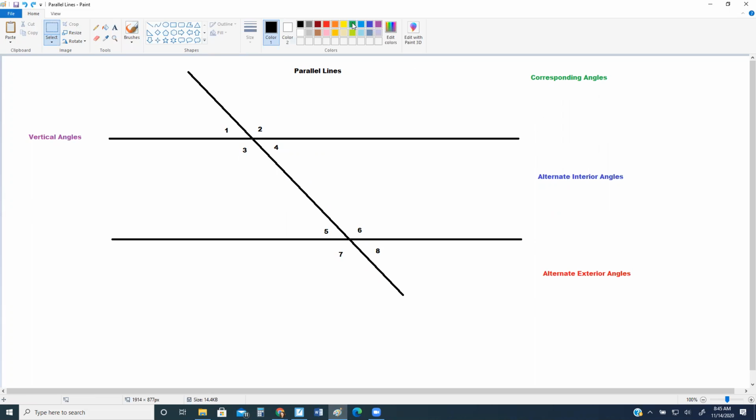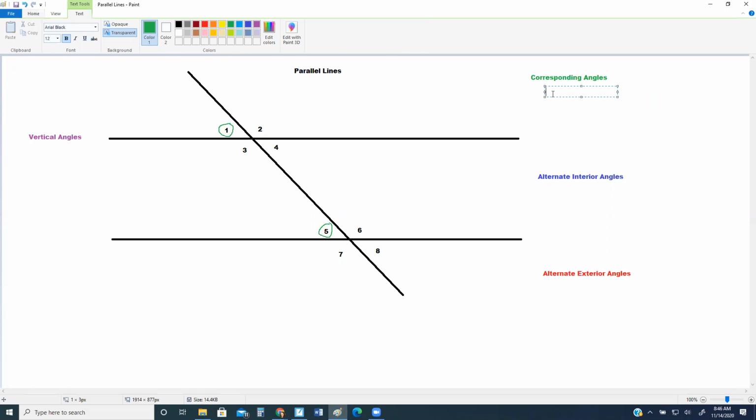So first we have the corresponding angles. Those are the ones that were translated down. So 1 and 5 are corresponding angles. They're in the same location on both lines, and they have the same measurement.